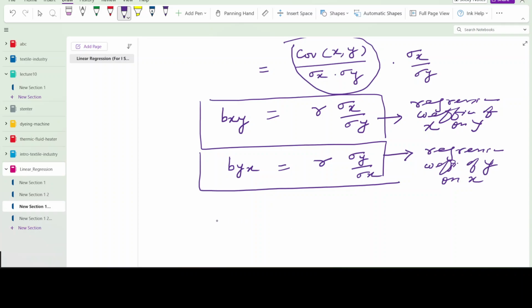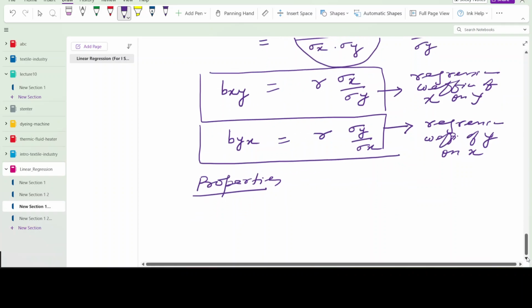Now we will see some properties of regression. These are very simple properties.